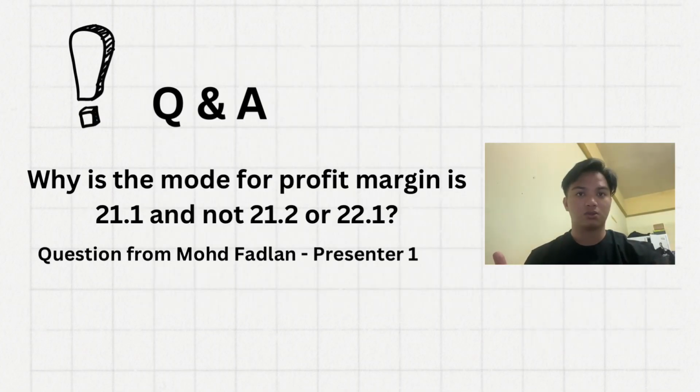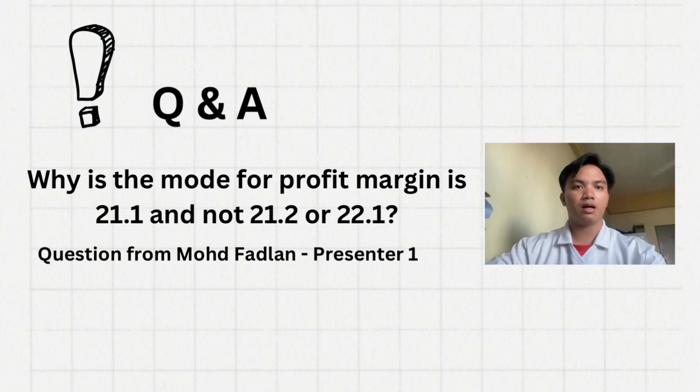Next, I want to answer the question from Muhammad Fadlan to Presenter 1: why is the mode for profit margin 21.1 and not 21.2 or 22.1?